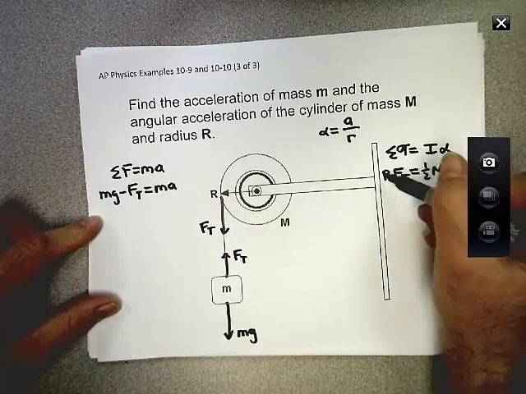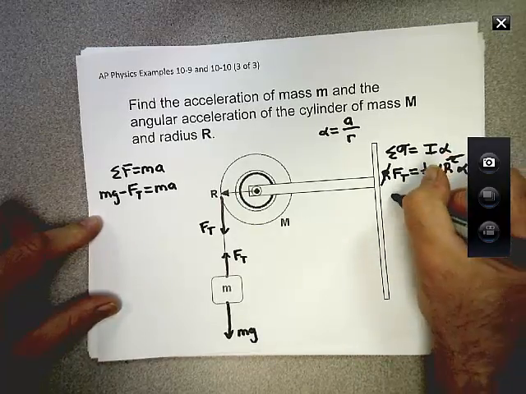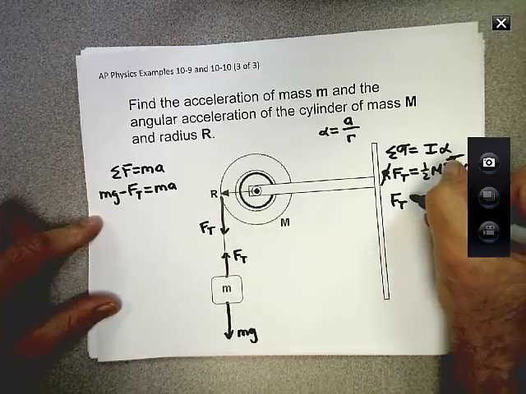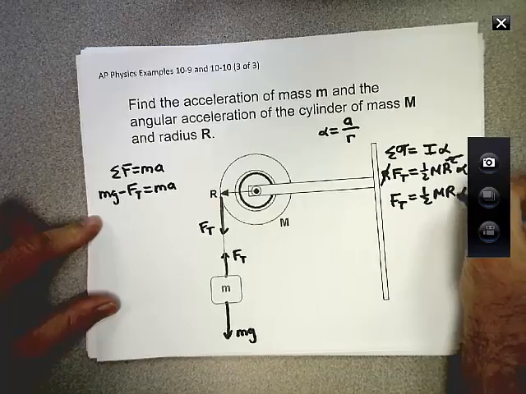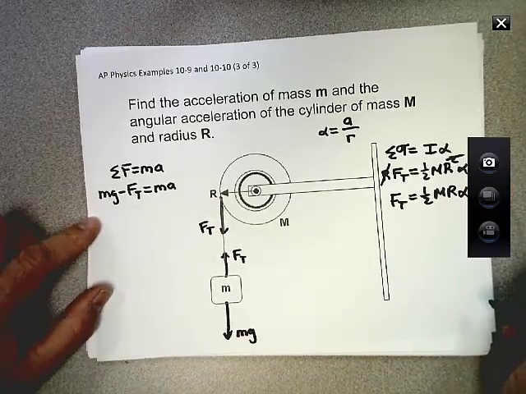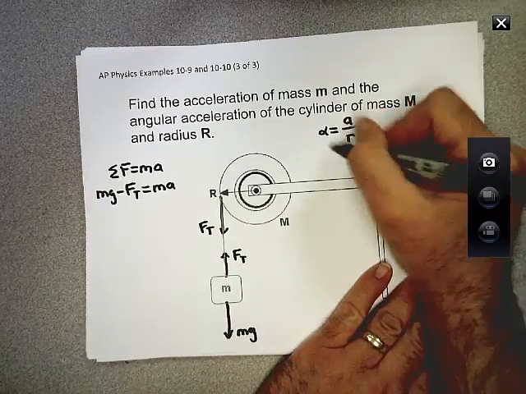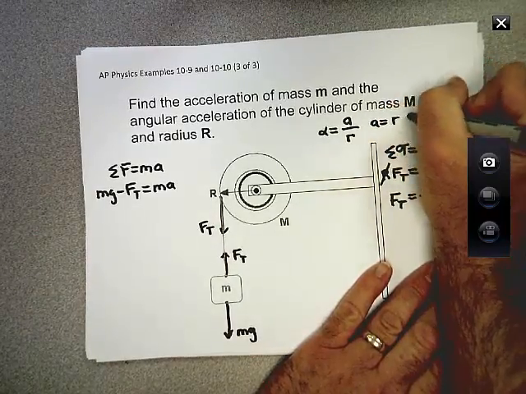If we do a little algebra, we notice that the tension causing this rotational acceleration is equal to 1/2 m r alpha. Now, if we look at our equation here, we know that a equals r times alpha.